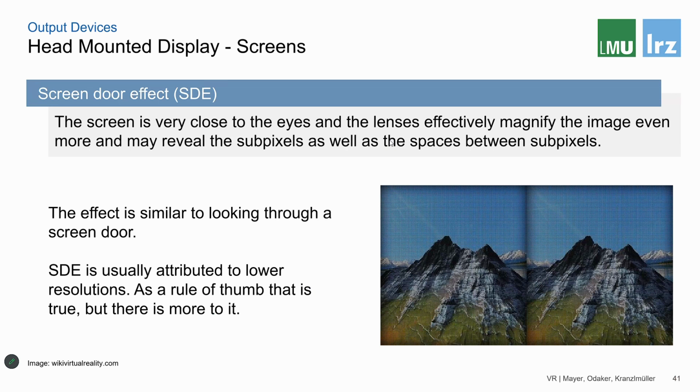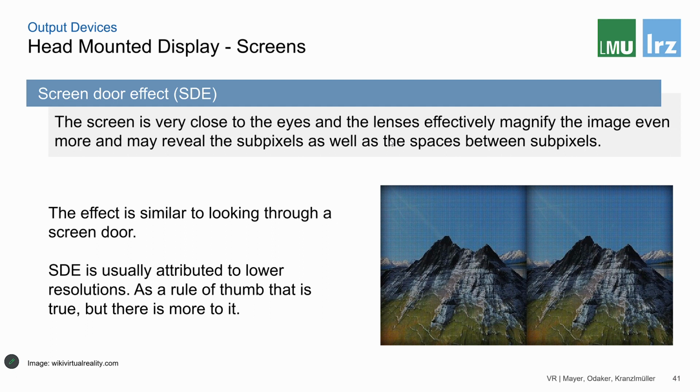Screen door effect is if you put your face very close to a screen and maybe have a lens that works like a magnifying glass, you can see that the screen is not one continuous image. It is actually made up from pixels. And even worse, each pixel is made up from subpixels.